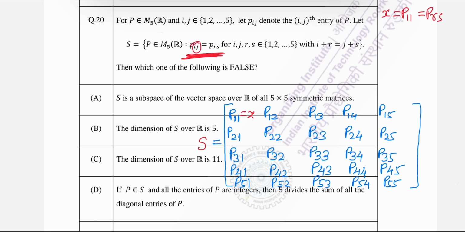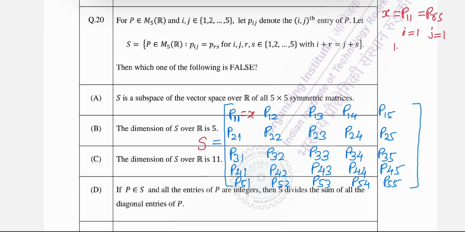If you compare i, j with 1, 1, then i equals 1 and j equals 1. Now impose the second condition: i plus r equals j plus s.